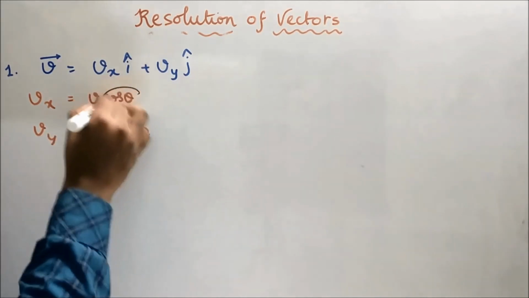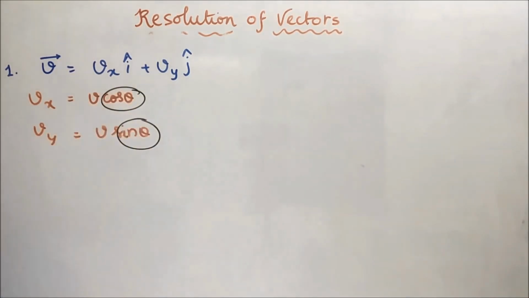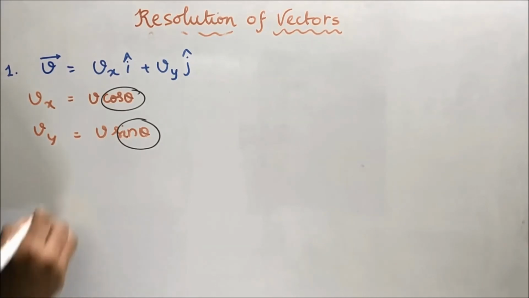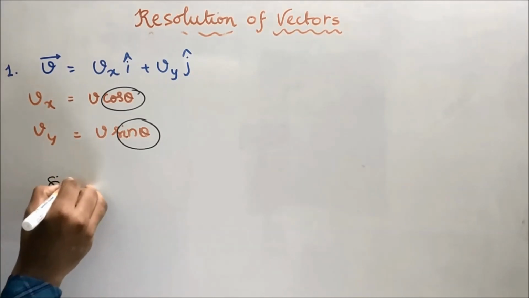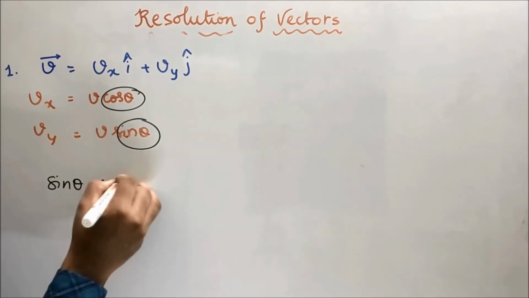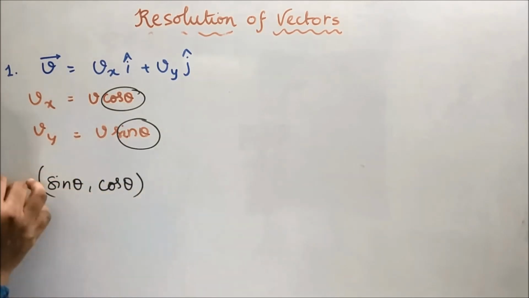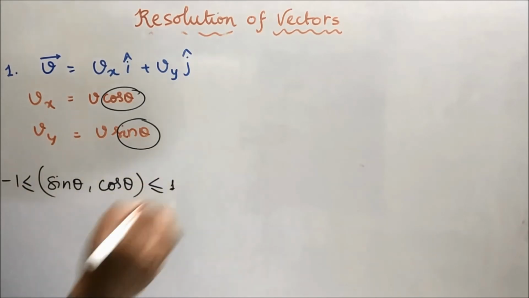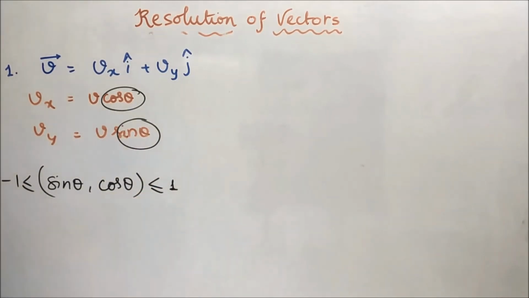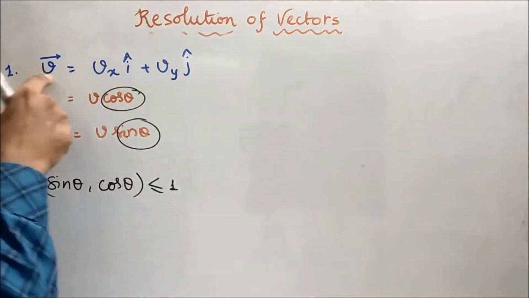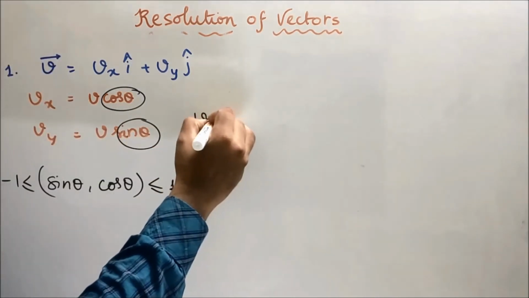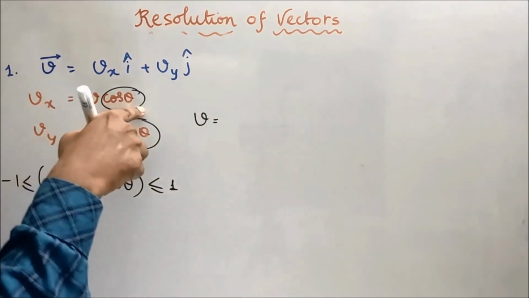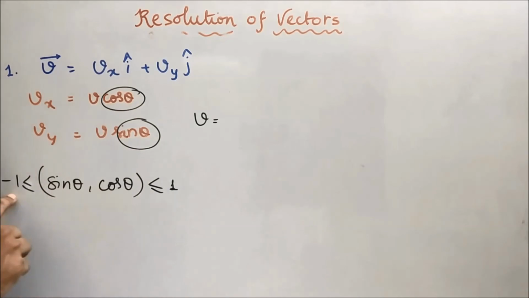Now if you see clearly, the values of cos theta or sin theta are from -1 to 1. If the magnitude of the vector is V, then if I multiply with cos theta or sin theta, whose values are between -1 and 1, what happens?